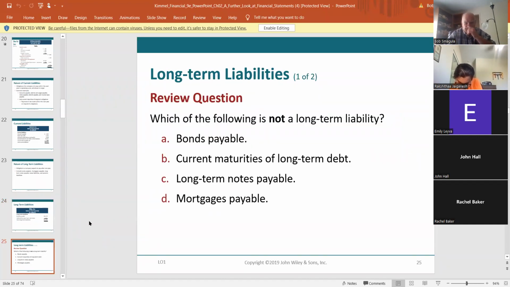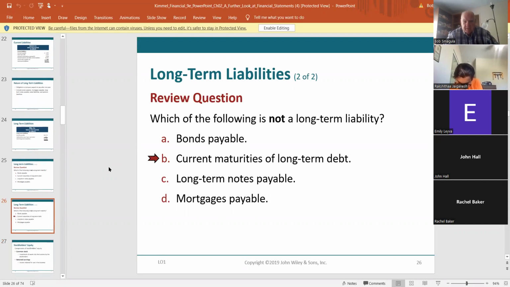Which of the following is not a long-term liability? Well, I think we can pretty much eliminate bonds payable, and current maturities. I would hope the answer is B, current maturities of long-term debt. Bonds payable, we're assuming that is long-term. Mortgage payable, long-term.